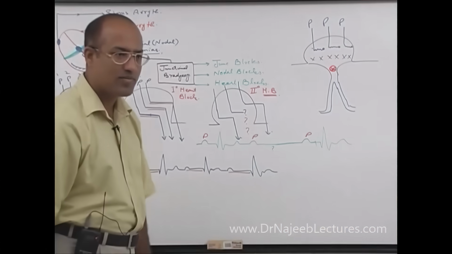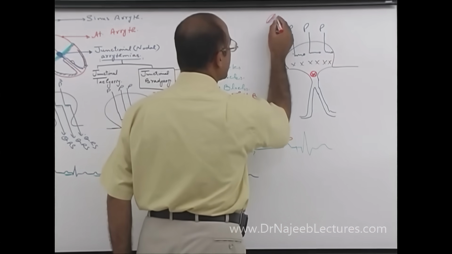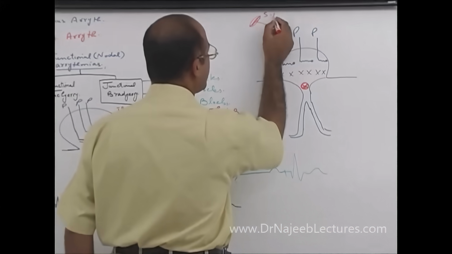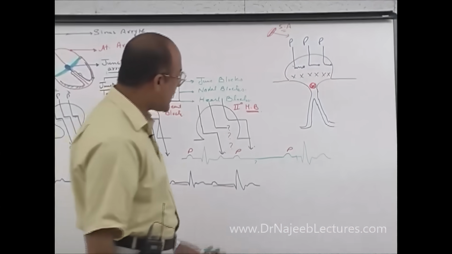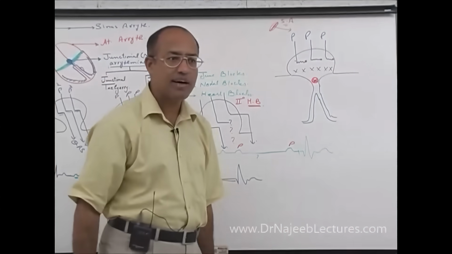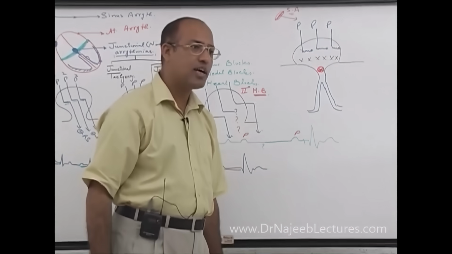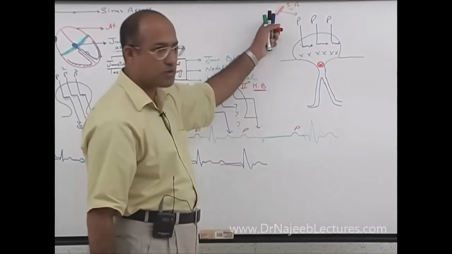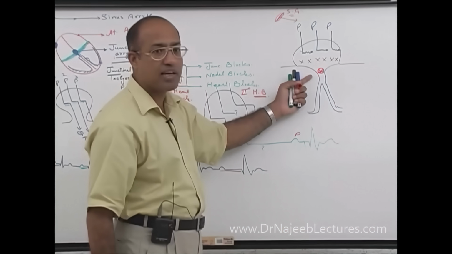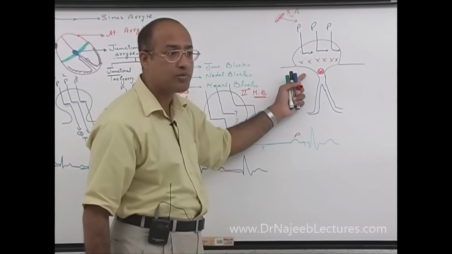Is that right? It means now the atria will be driven by the SA node, and the ventricle will be driven by a new pacemaker. It means atria are driven by the physiological pacemaker, the SA node, and ventricles are driven by another new pacemaker, because no current could come from the top to down, right?